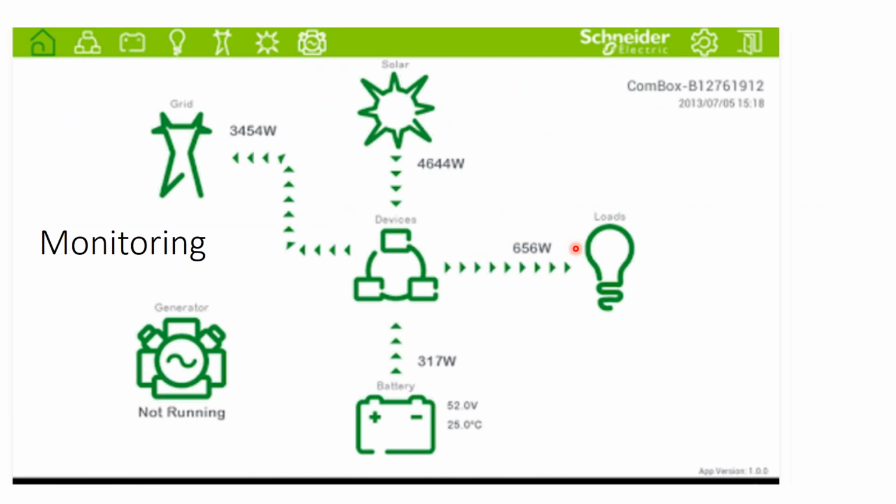Monitoring the system. The monitoring system becomes more important in an off-grid system because there's more parts. And let's say I had a SMA inverter, but then I had a third-party charge controller, like a Midnight charge controller. Well, the problem is then when I want to monitor the energy coming in and out of my charge controller and the energy coming in and out of my inverter, now I have two different monitoring systems.